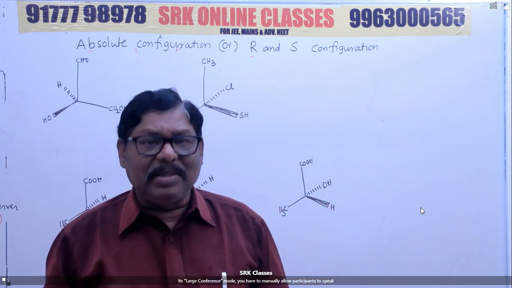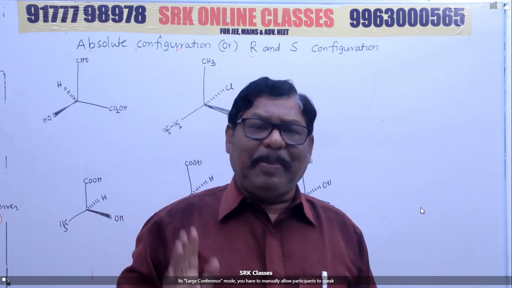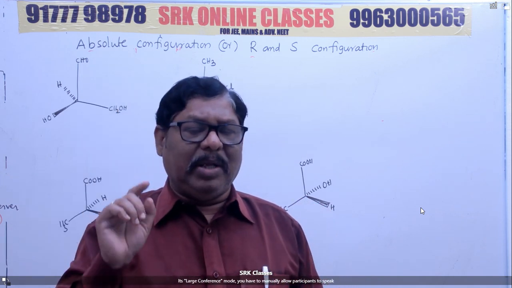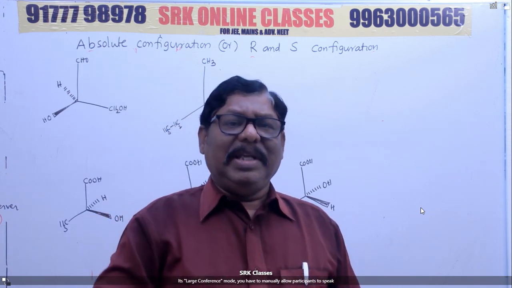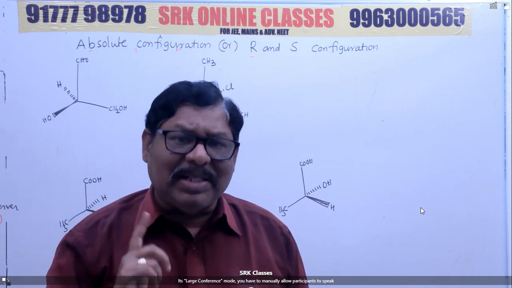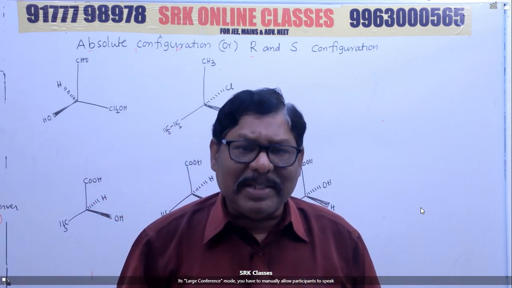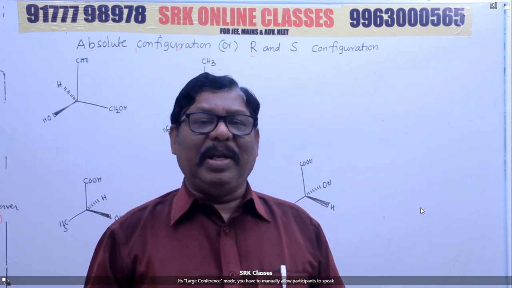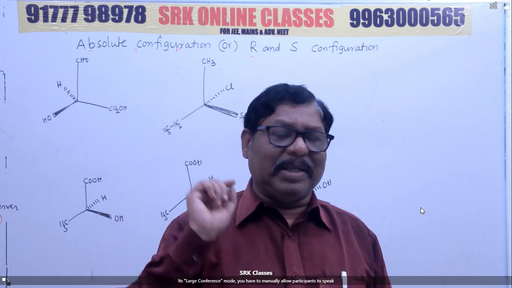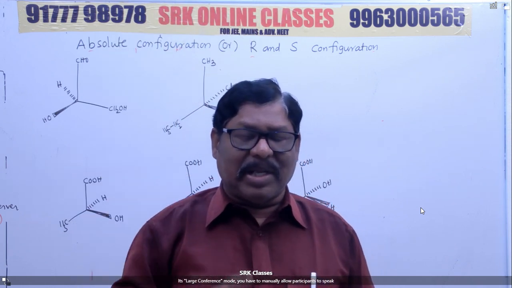And the fifth one is: connect the first 3 priority groups, 1, 2, 3. You forget about the fourth one. If they are connected in the clockwise direction, it is said to be R configuration. R means rectus, clockwise direction.